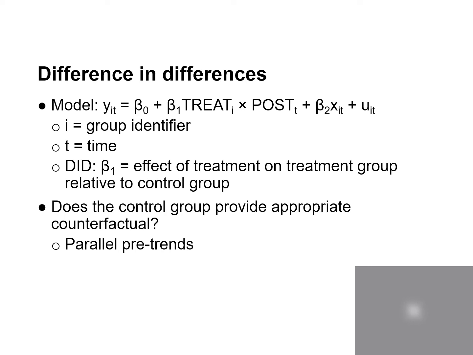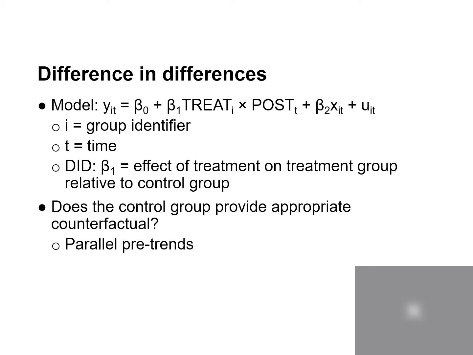The key issue in a difference in differences analysis is whether the control group provides an appropriate counterfactual. Graphically, the way to study this is to draw the trends in the outcome, y, prior to the implementation of the effective date of the policy or strategy, to see whether the trends in the y variable, the outcome, were the same for both the treatment group and the control group prior to the effective date.